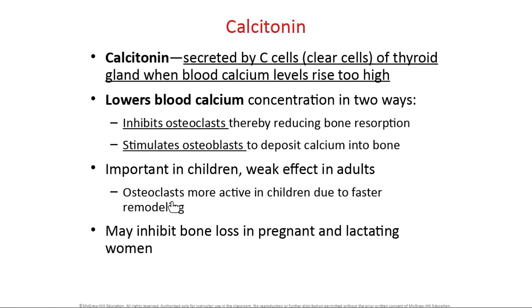So because we're already having this increase in osteoclast activity, calcitonin is going to have a greater effect in a child. Because there's so much more osteoclast activity, this inhibition of osteoclasts is going to be more significant if we have this calcitonin released.